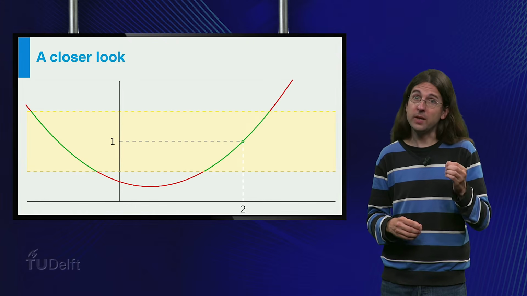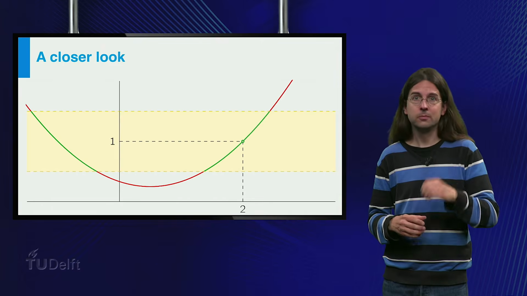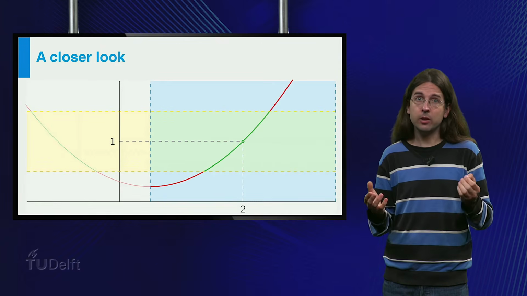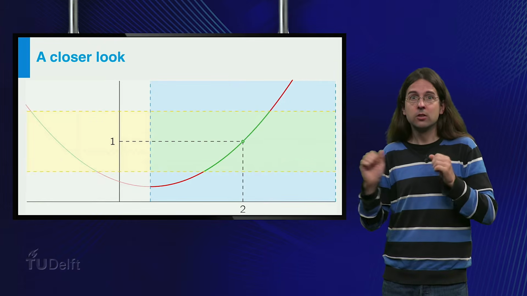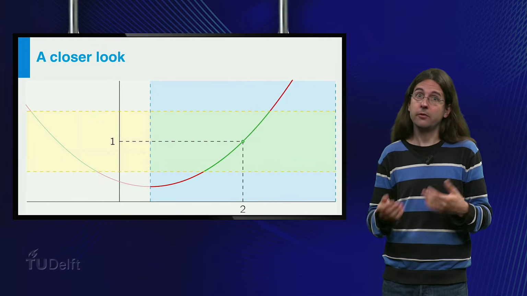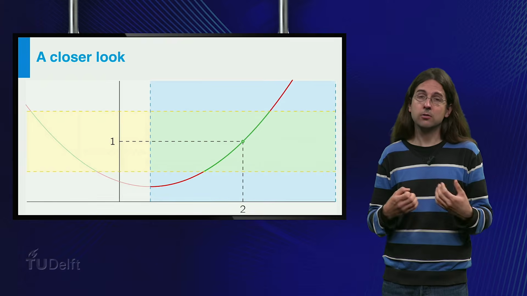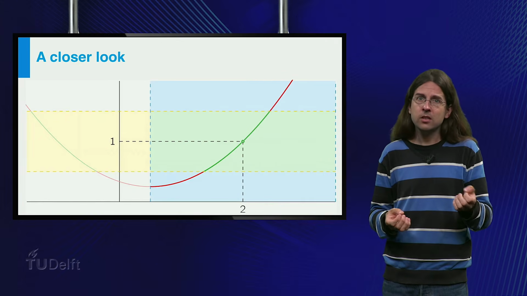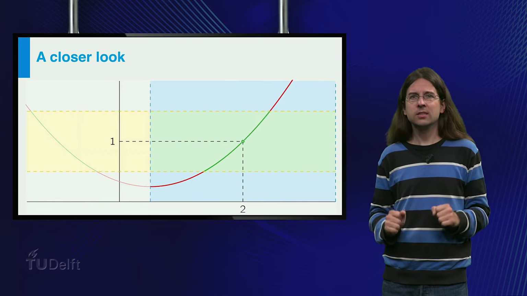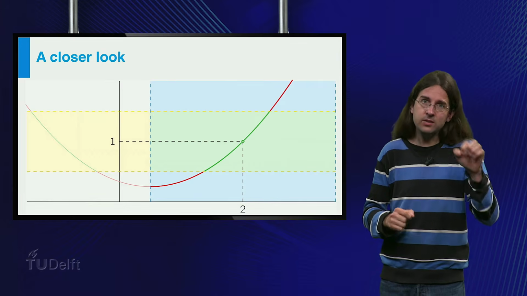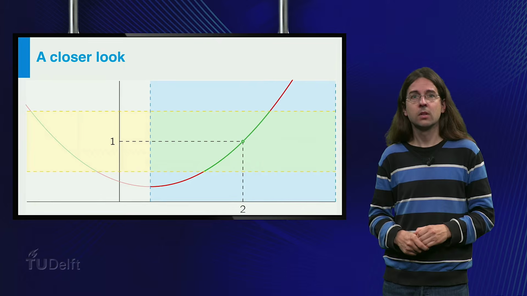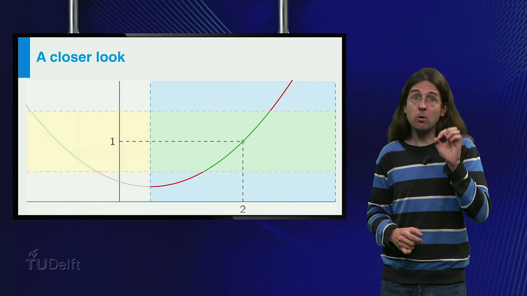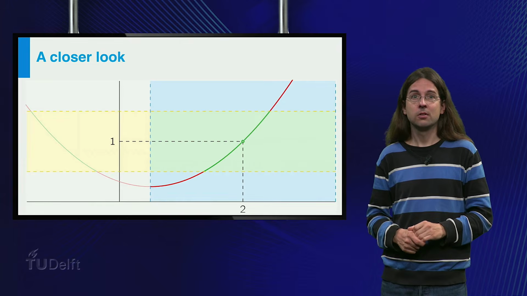Now we have to specify what we mean by close to 2. As a first attempt, we consider every x value in the blue vertical strip to be close to 2, while values outside this strip are considered far away. But as you can see, our strip is too wide. There's still a red part of the graph inside the strip. Remember that we want the function value to be close to 1 for all these x values.